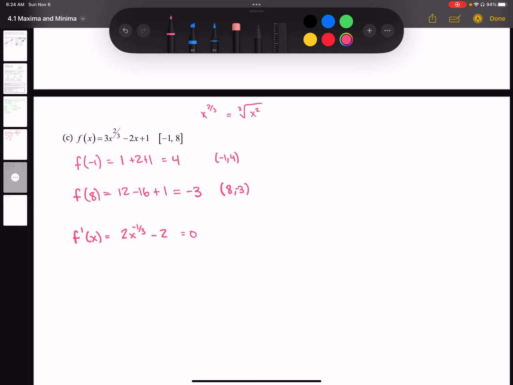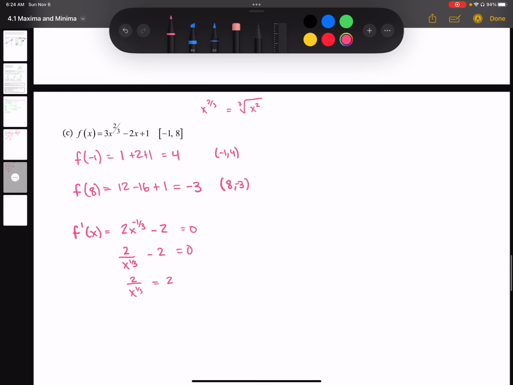All right, so algebraically, this would be like having 2 over x to the 1/3 minus 2 equals 0. So we would get 2 over x to the 1/3 equals 2. And we multiply both sides by x to the 1/3. So we get 2 equals 2x to the 1/3.